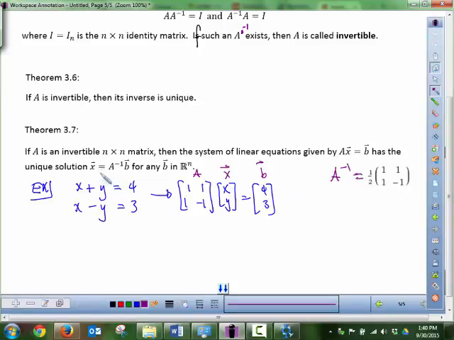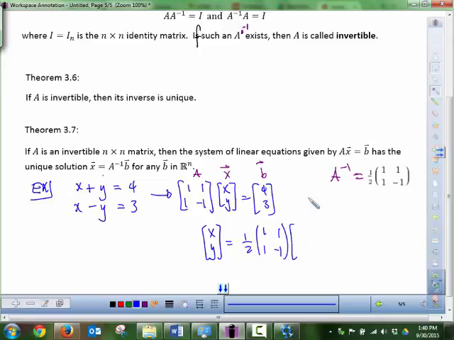According to this, your x vector is actually equal to 1/2 times the matrix 1, 1, 1, negative 1 times a vector, or you can consider it as a column matrix, 4, 3. So you see the components here.